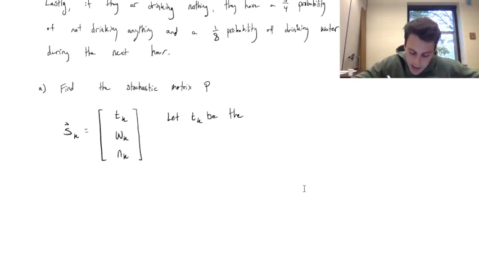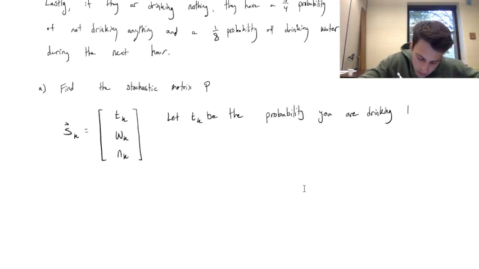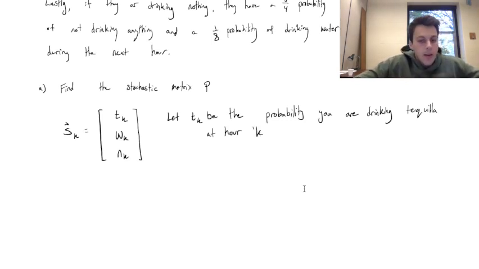Okay, let t_k be the probability you are drinking tequila at hour k. Similarly, w_k would be the probability that you're drinking water at hour k.